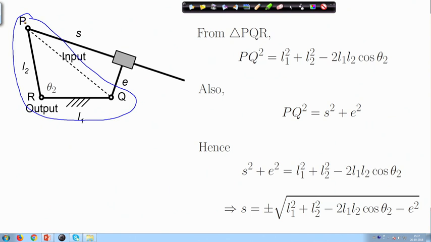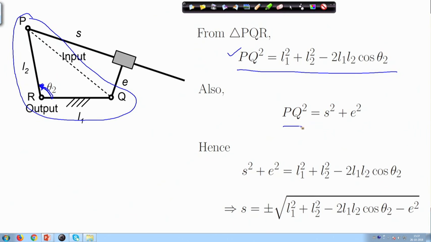From the cosine rule, I can very easily write P Q square as L 1 square plus L 2 square minus 2 L 1 L 2 cosine theta 2, this is theta 2. Remember that theta 2 is specified, therefore, I can find out P Q, I know P Q.